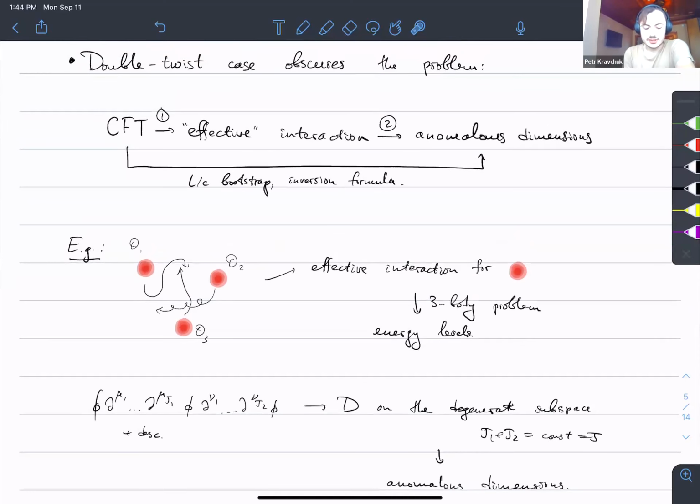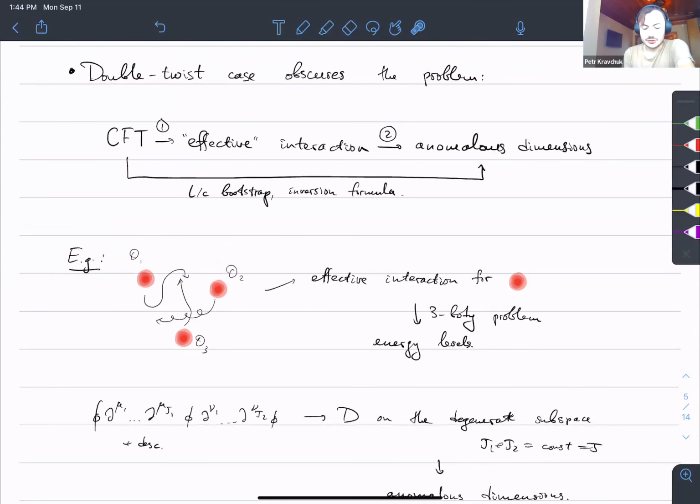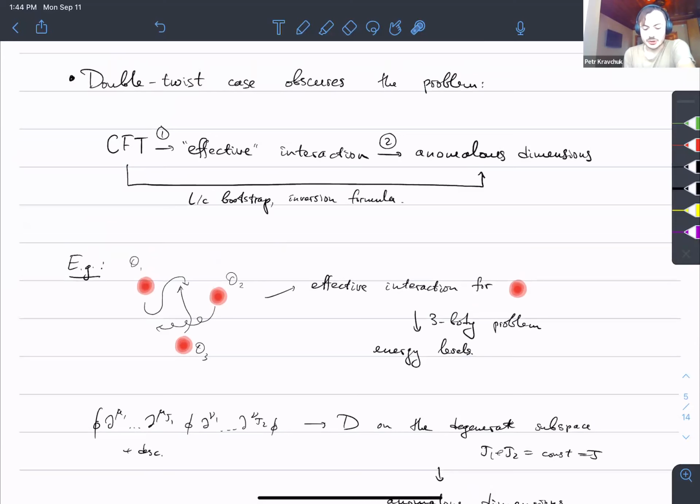Another thing that I want to highlight is that when you have a 2-body, double twist operator, so you just have 2 of these blobs, if you have large spin, this means that these 2 blobs are widely separated. So you can also trust the effective interaction, because you can imagine that you have some sort of expansion at large distance.